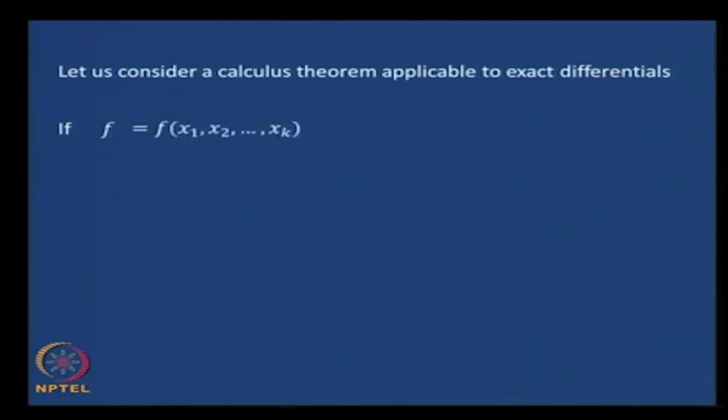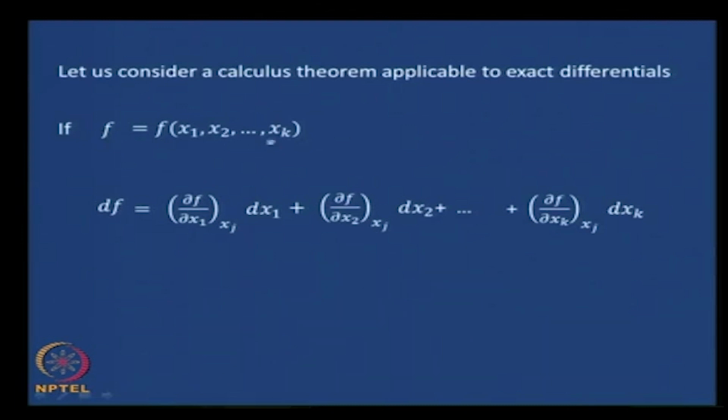can be considered as a function of some variables x1, x2 and so on till xk, then df, f being an exact differential, can be written as dou f by dou x1 evaluated at all other variables kept constant, which is indicated by xj as I had mentioned earlier, dx1 plus dou f by dou x2 at constant xj, which means x1, x3 and other variables till xk are held constant, that is what this xj means, dx2, and so on until dou f by dou xk, all other xj's remaining constant, dxk.